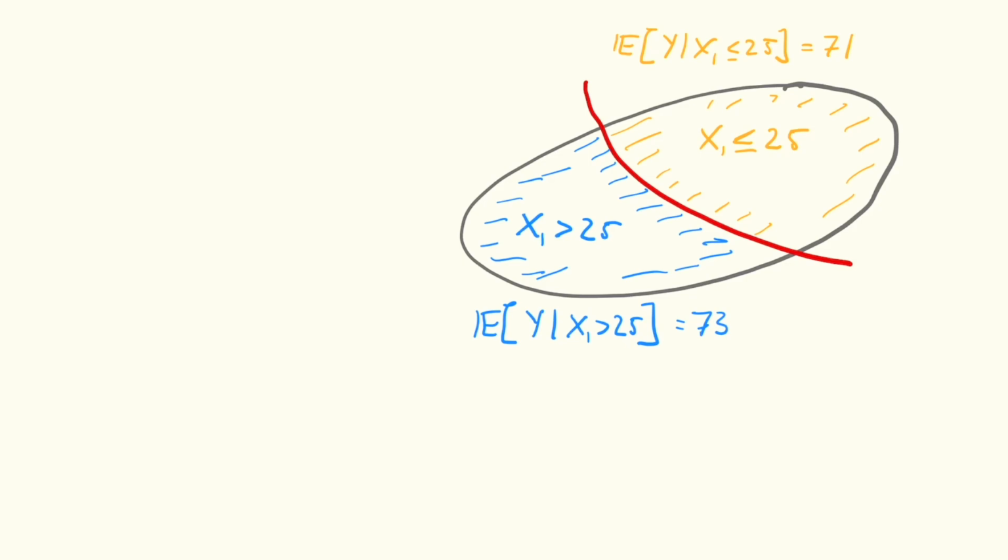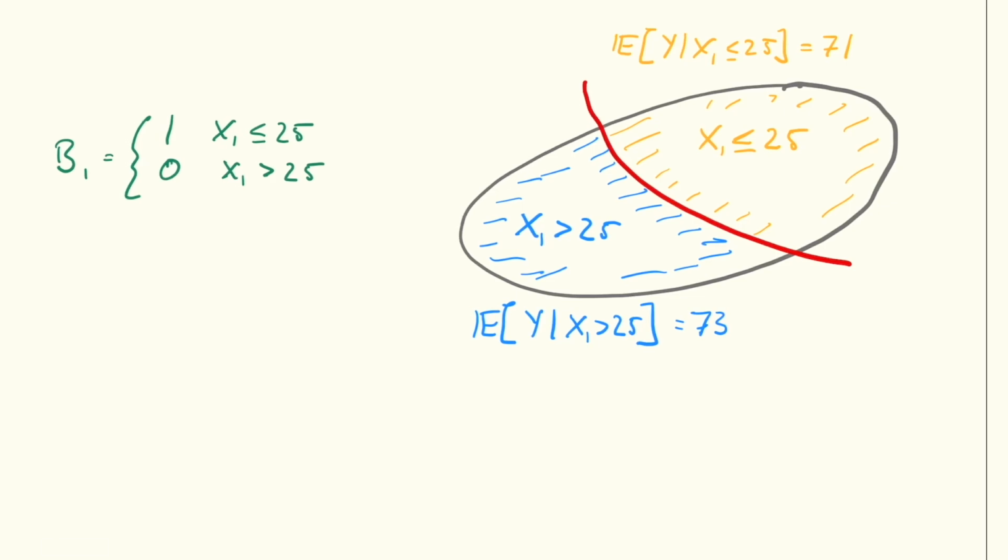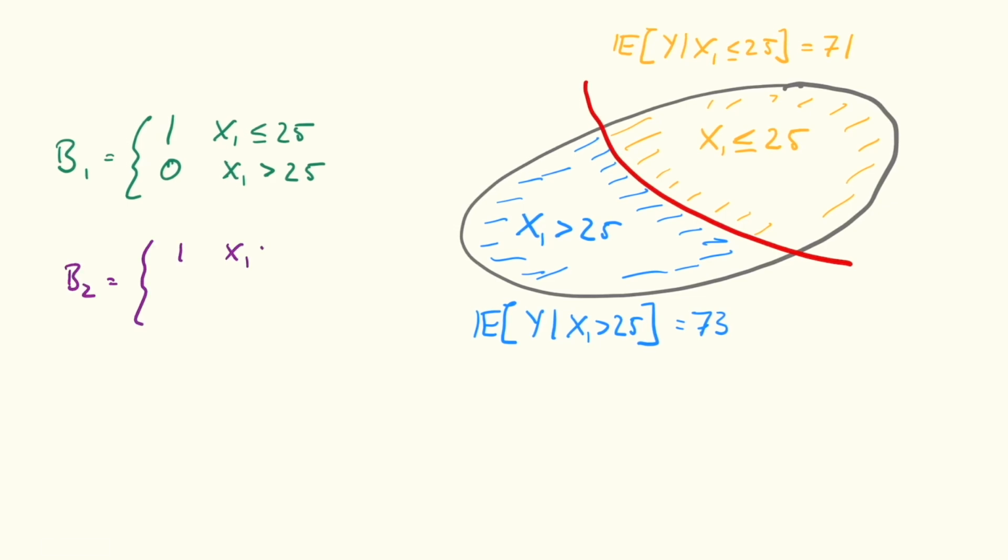Now let's define two binary variables. b1 is equal to 1 if x1 is smaller than 25, and 0 otherwise. For b2, we exactly reverse this definition. Note that b1 and b2 are different ways of encoding in what subpopulation we are.